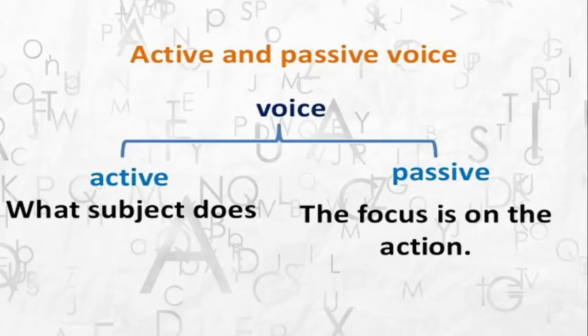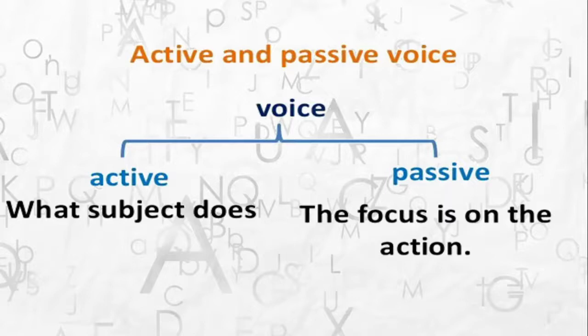So now let us once again take a look at voice. So what is voice in English grammar? The voice can be active or passive. Okay, it depends on the way the sentence is framed. So when a sentence is in the active voice, it focuses on what the subject does.